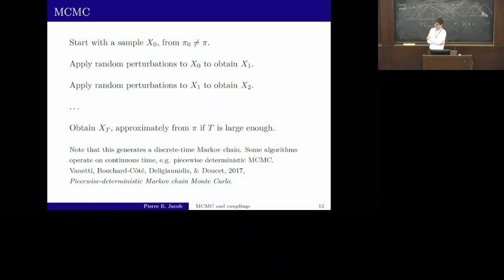So the first sample of this new chain is going to be xT minus 1. If I were to apply the same sort of random perturbations to xT minus 1 as I did in the original chain, it feels like the new x1 that I would get would be the same as the xT that I would get in the original sampler. So it would then be the case that the large enough T in this new sampler is 1? Yeah. Okay. But you will get only one sample from that.